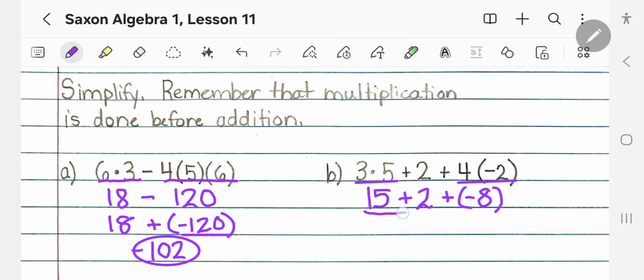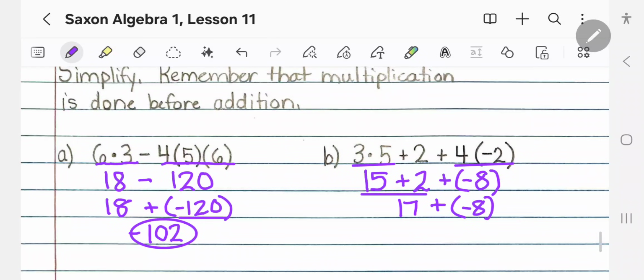I'm going to add my positives together, and I get 17 plus a negative 8. And then I have different signs, positive 17 plus a negative 8. So I subtract them, and I get 11. And I take the sign of the one that has the largest absolute value, which is a positive 17. So the answer is positive 11.